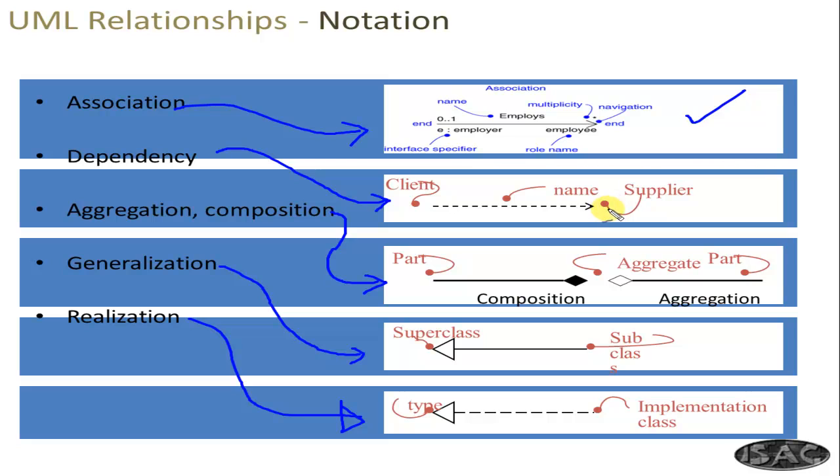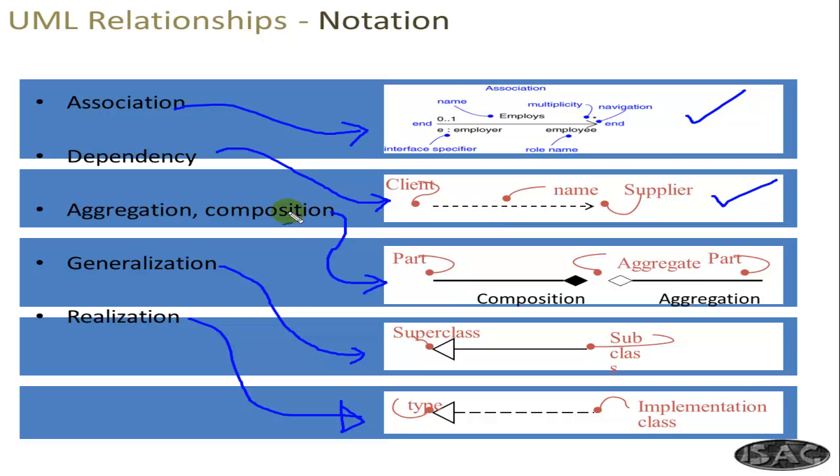A dependency is a relationship in which a client depends on a supplier, but the client does not have details about the semantics of the supplier. What it means is that the client does not know how the supplier works internally. We use a dotted line for this.